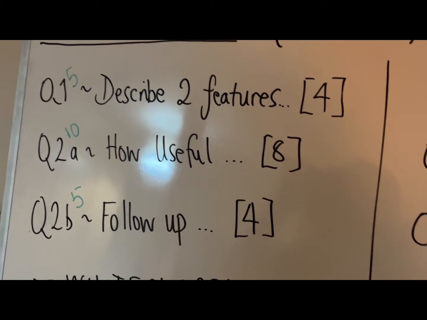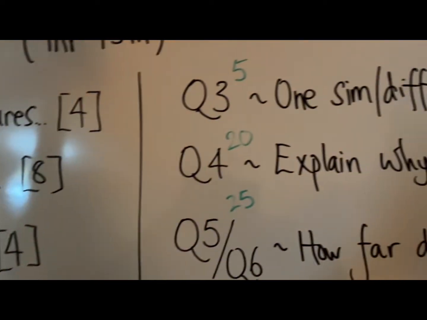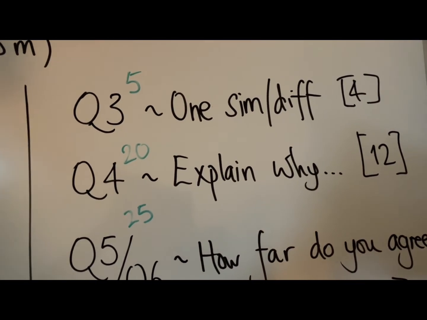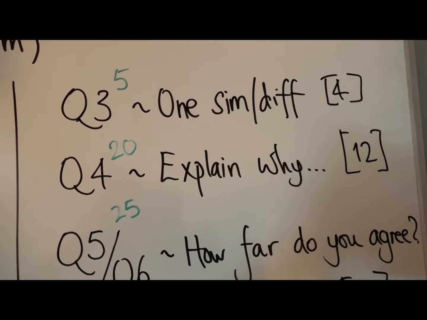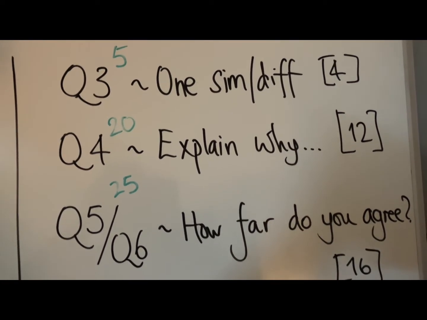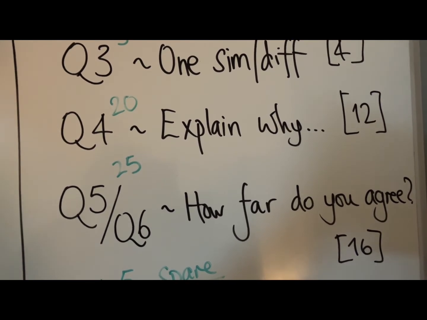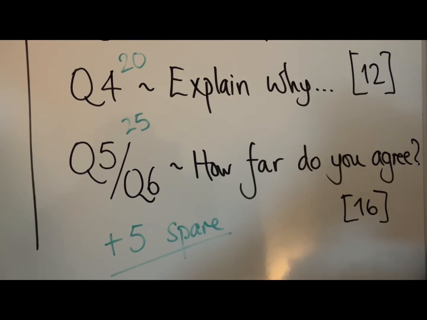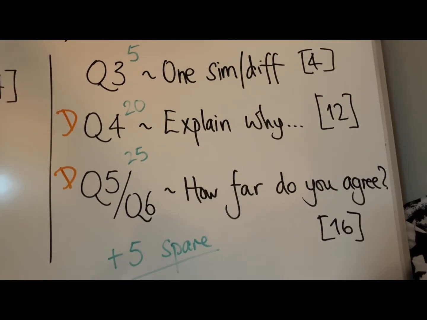Worst case scenario, jettison this question, save yourself 5 minutes if you need it. Question 3, again, another 4 marker, so only 5 minutes. Question 4, the 12 marker, give yourself 20 minutes. And question 5 or question 6, remember it's an option, that gives you 25 minutes to answer that question with 5 minutes spare. The last thing is, of course, planning.